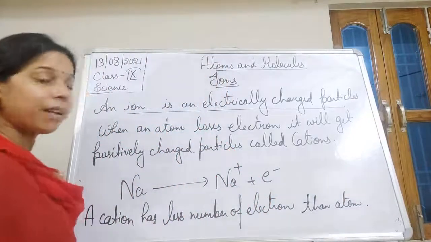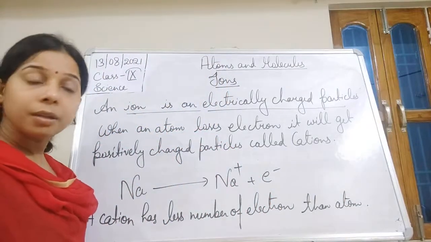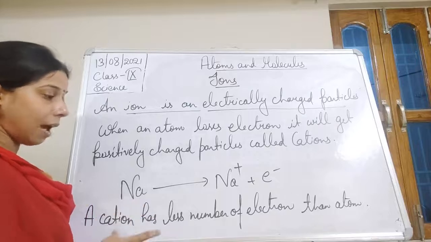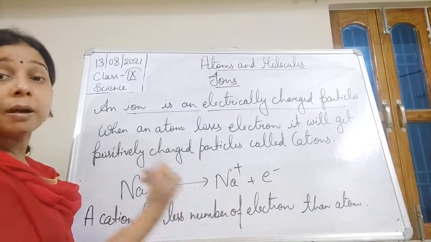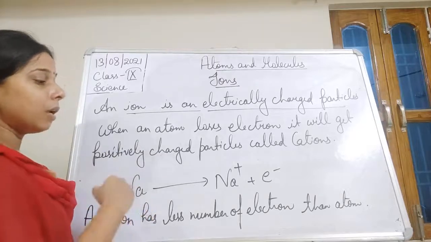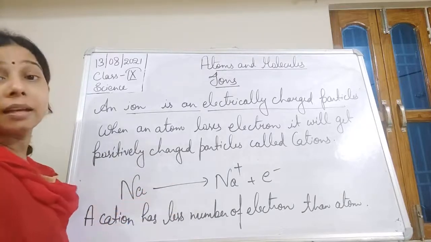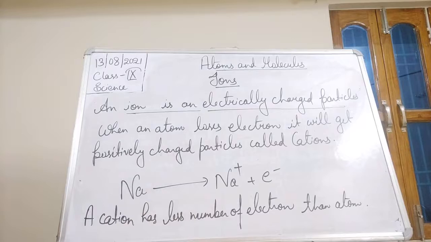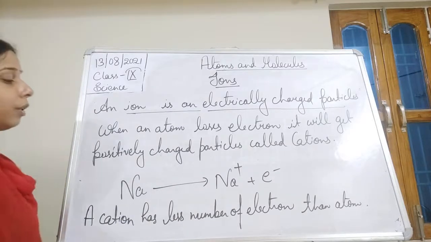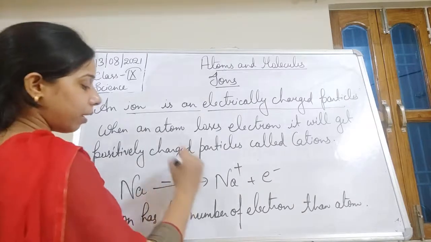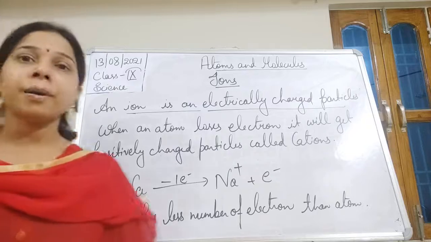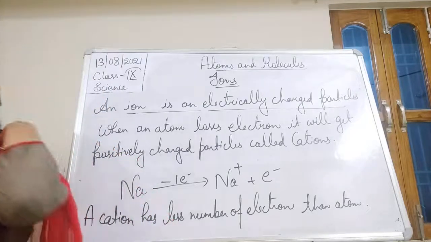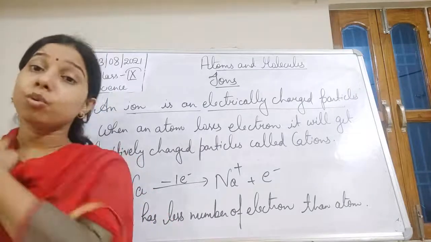So compare the number of electrons present in the atom and the number of electrons a cation has. The cation loses the electron, so obviously it has a lesser number of electrons than an atom has. Here it loses one electron. Generally, all the metals are positively charged. It means they tend to lose electrons.